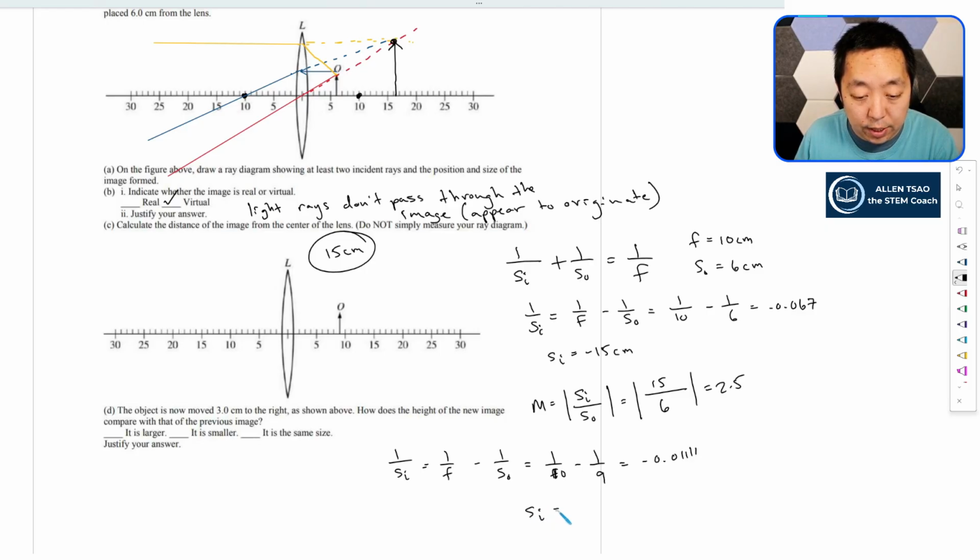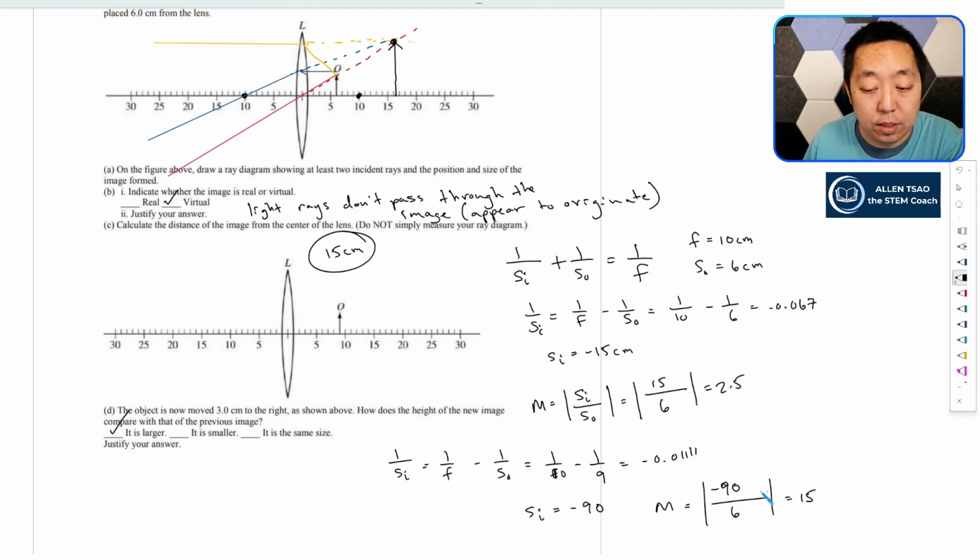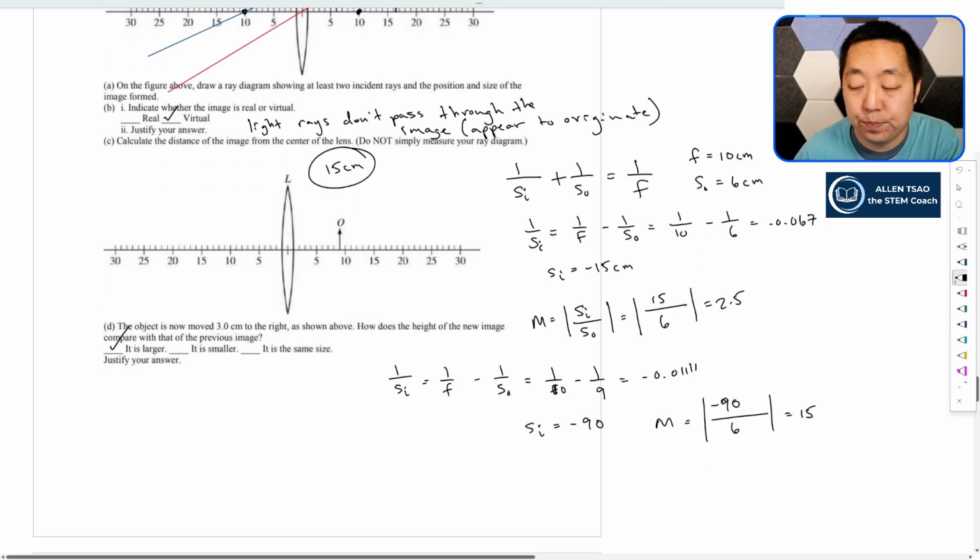So the S_I then, 1 divided by that, is going to be negative 90. That's going to be much bigger. So the magnification is going to be 90 divided by 6, right? So now the magnification is going to be 15. So it is larger, 15 times bigger versus 2.5 times bigger there.